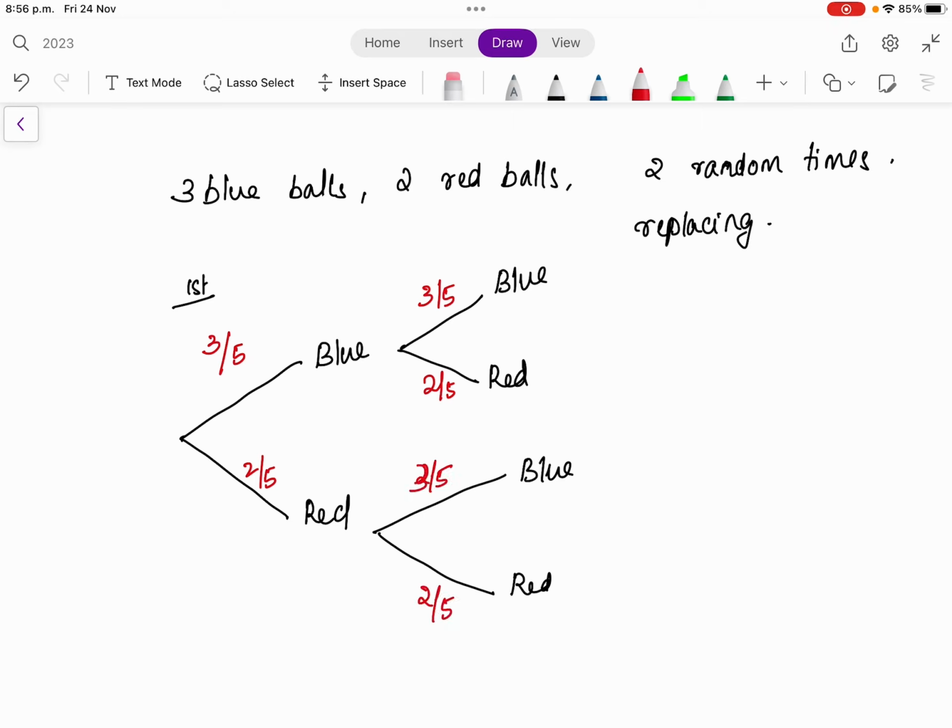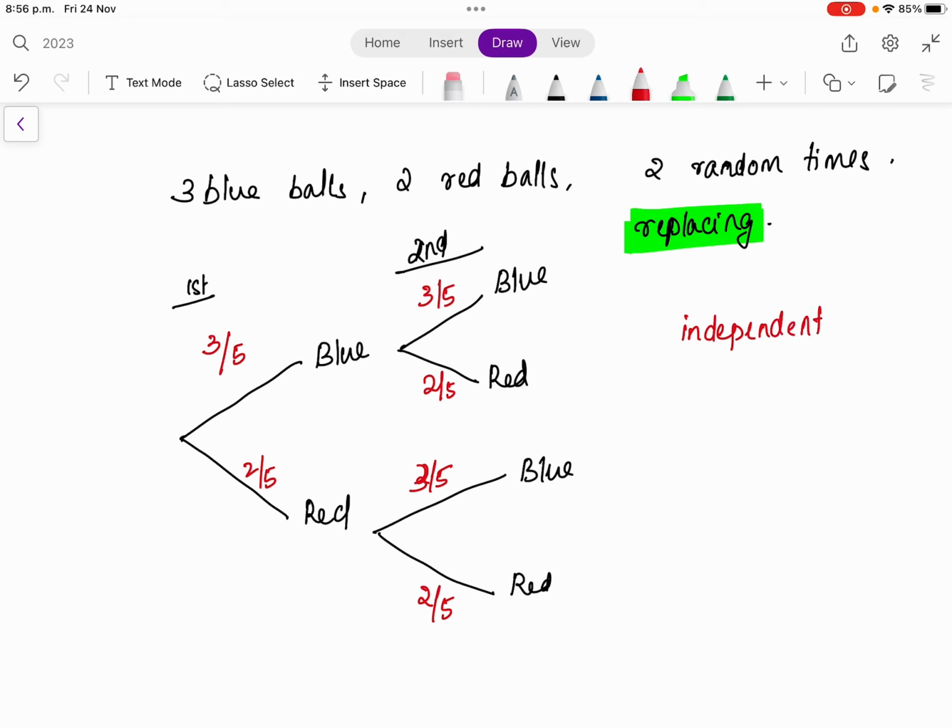This scenario is where you are replacing the ball, which means that the situation of the event is not changing. Like always, you have 5 balls in the bag whenever you are picking. This is the first draw and this is the second draw of the event. In both cases, the situations are not changing. These events are called independent events. The events are independent of each other.